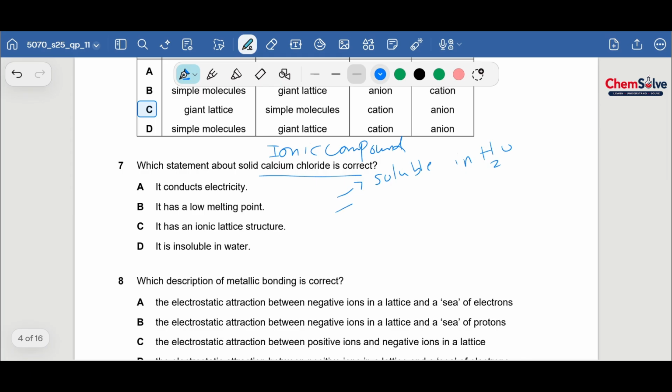Ionic compounds can't conduct electricity in solid form. But in molten and in aqueous form, they are good conductors.